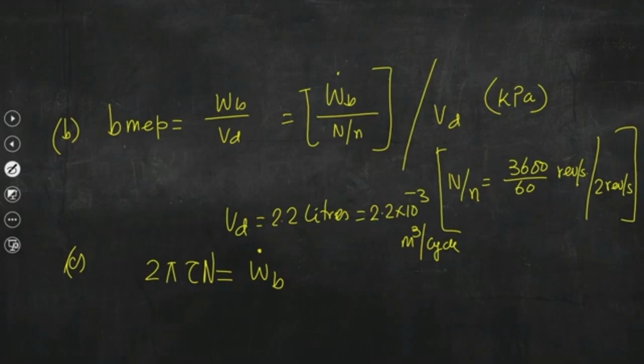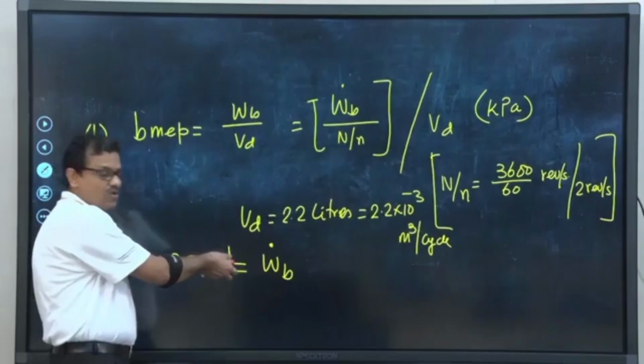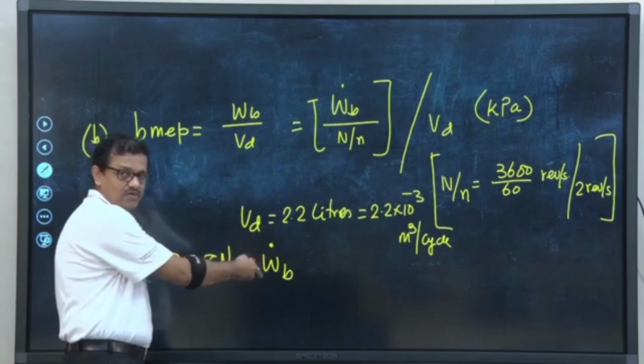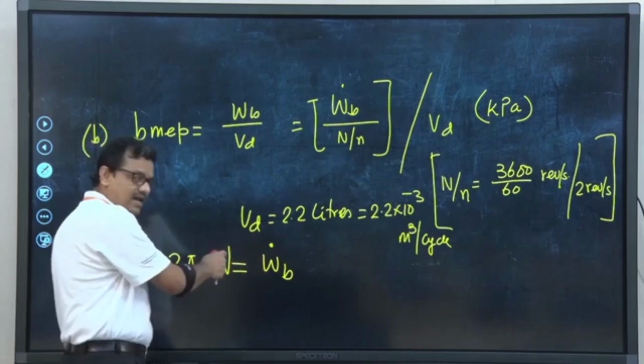We had seen today that torque tau is related to work, that is 2 pi tau is equal to W_B, because we are trying to write in the rate form, that is power, and 2 pi tau n.